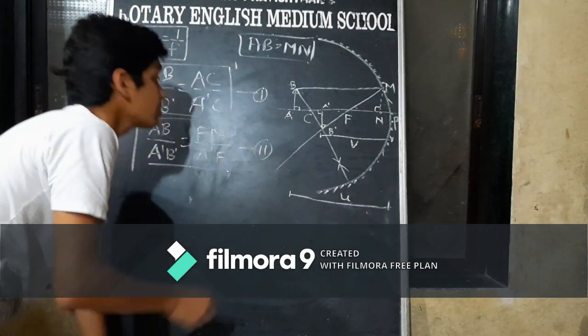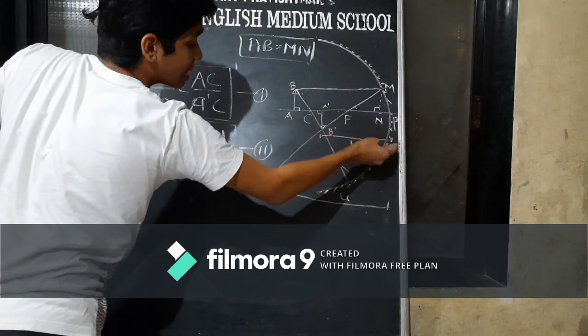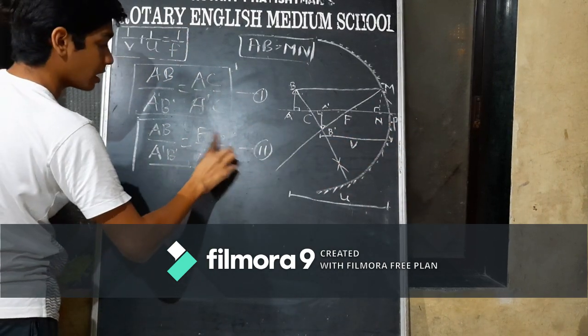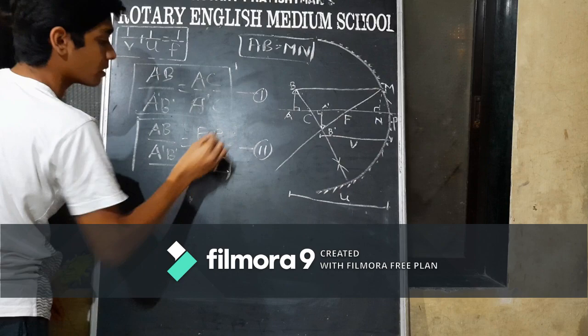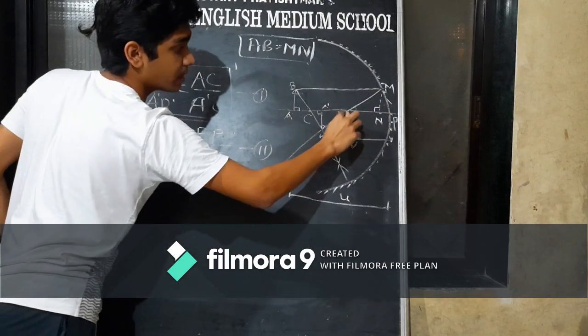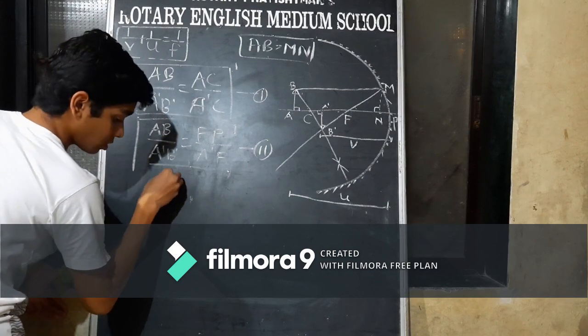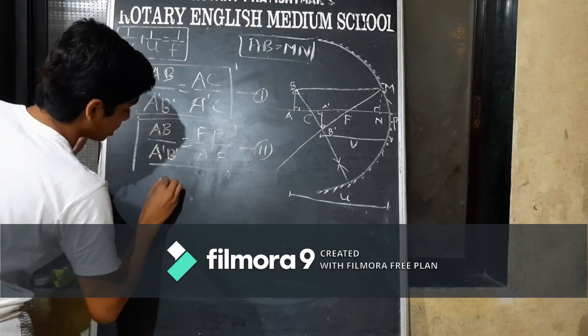So let's replace N by P, and this thing will be FP. Now let's see here, AC.